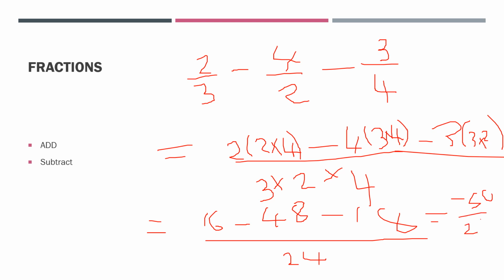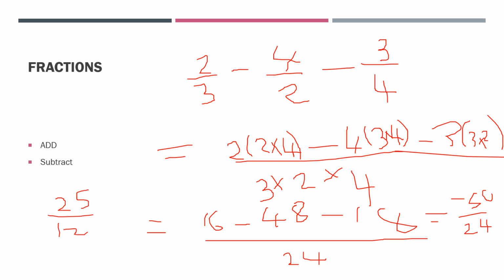So basically you see there negative 50 divided by 24, you can divide both things by 2. If you divide them by 2, you divide 50 by 2, therefore it's going to be 25 over 12.